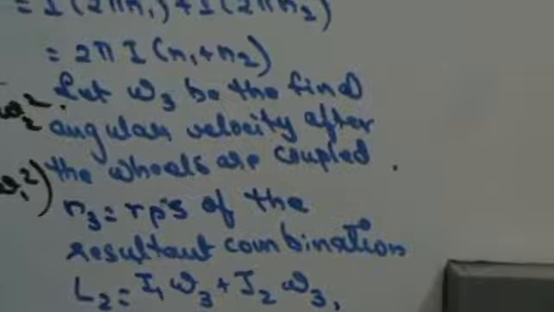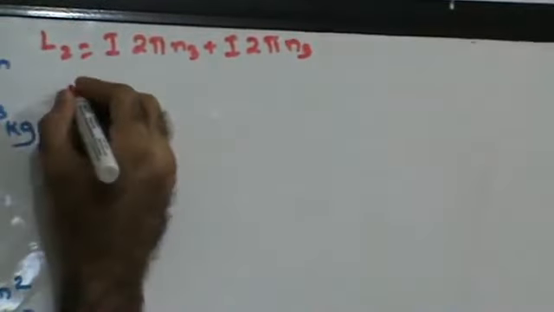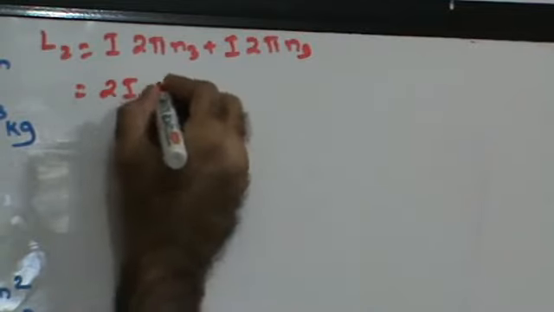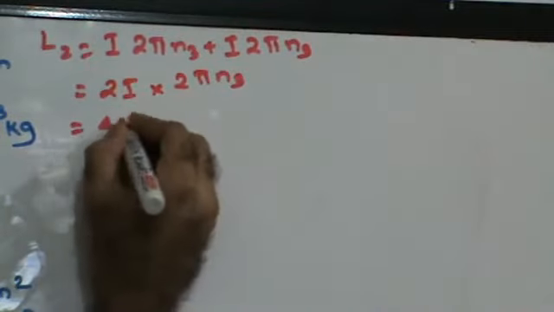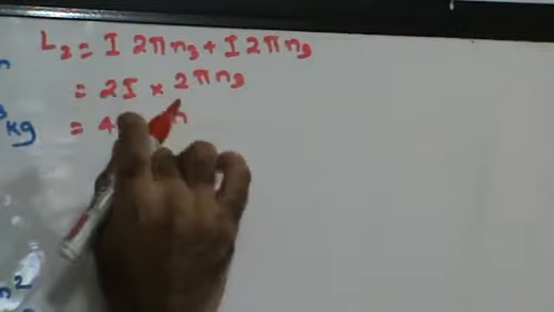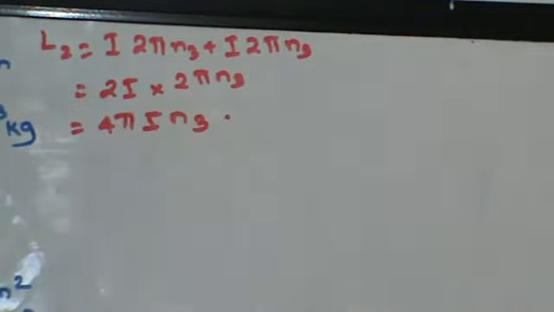So L2 will be I 2 pi n3 plus I 2 pi n3. So this is going to be 2I into 2 pi n3. So this is 4 pi I n3.